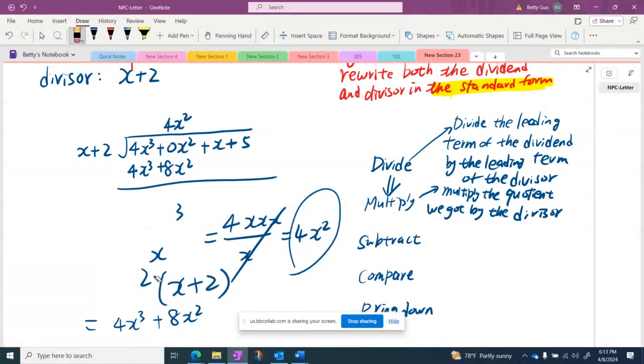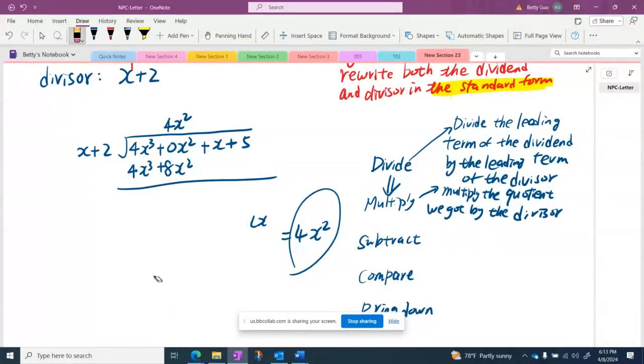Let me erase that because we run out of space. Second step is multiply. Multiply the quotient we got from the first step by the divisor. And then you're going to place the multiplication, the result, the product, right under the dividend, like this. And that's multiply.